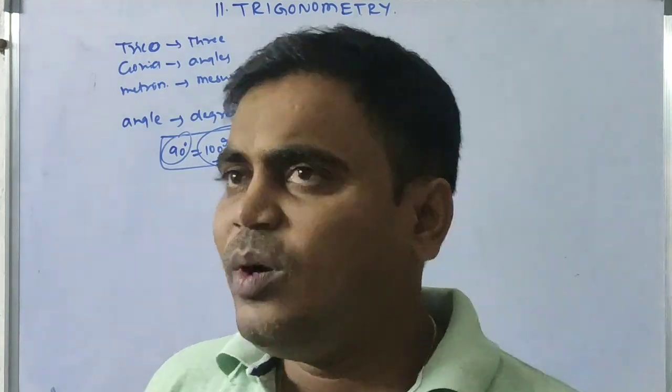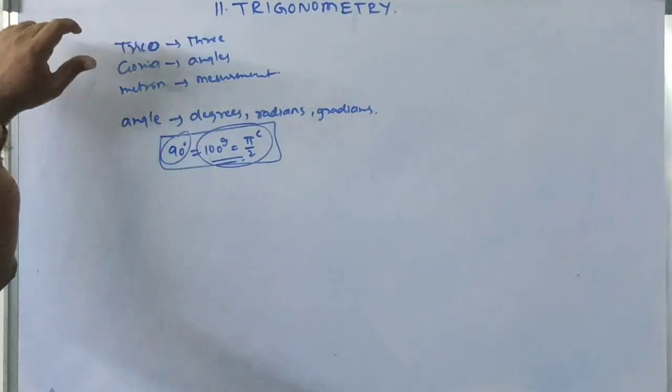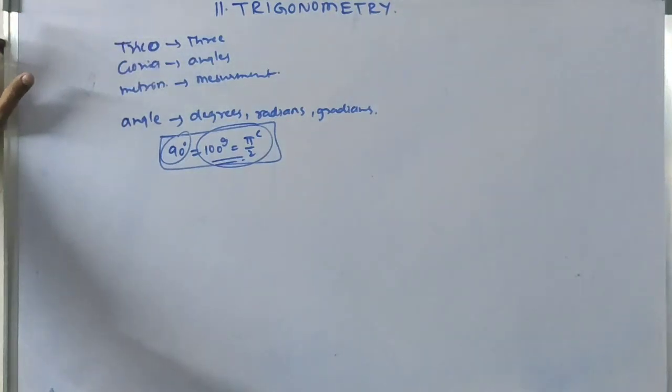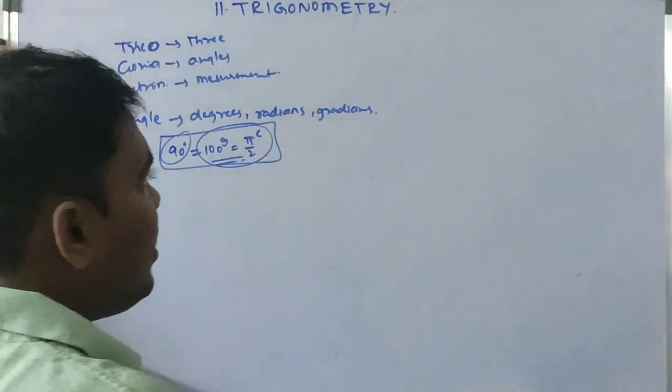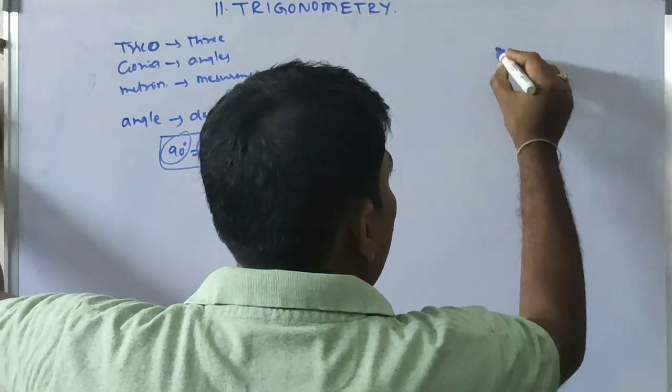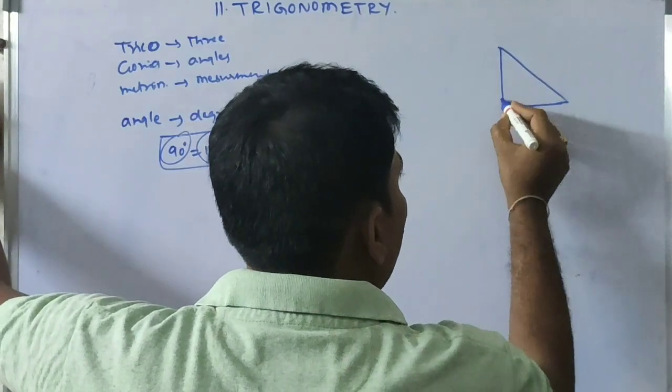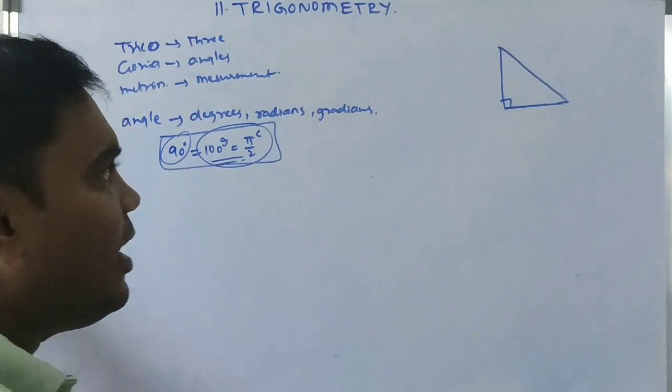Okay. Now trigonometry works only on a right angle triangle. So I am taking a right angle triangle. Trigonometry is applicable only on a right angle triangle.